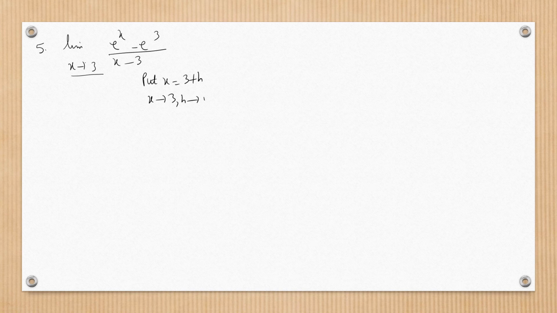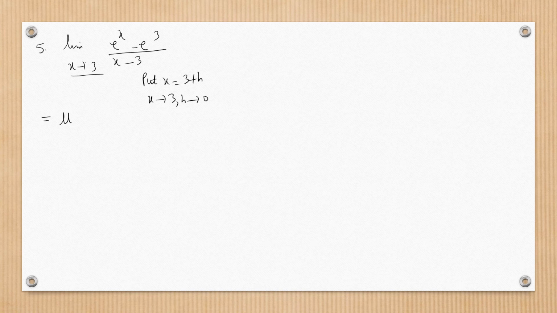Question number 5 is limit x approaches 3, e raised to power x minus e cube upon x minus 3. So again you can see what we need to do. The limit is not approaching 0, so put x as 3 plus h. As x approaches 3, h will approach 0.